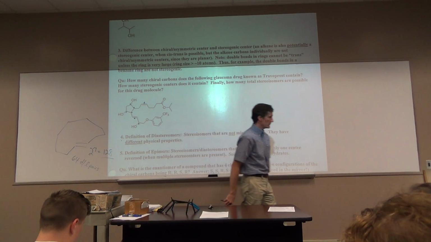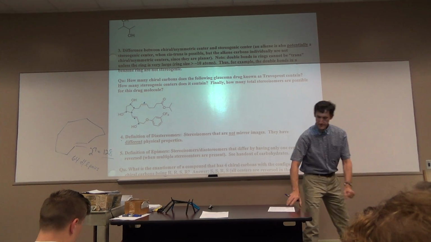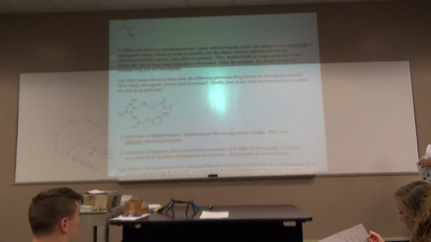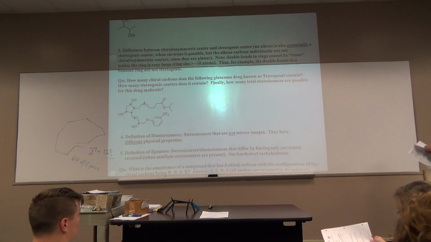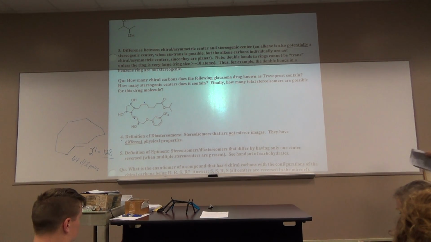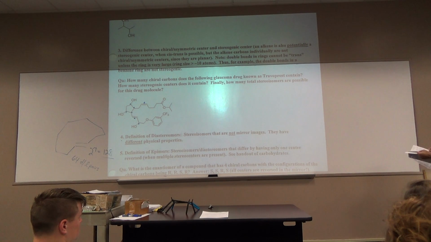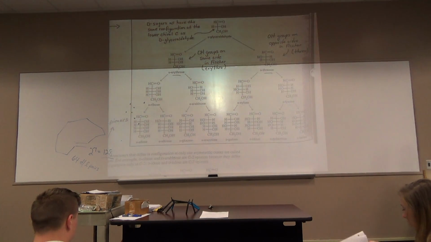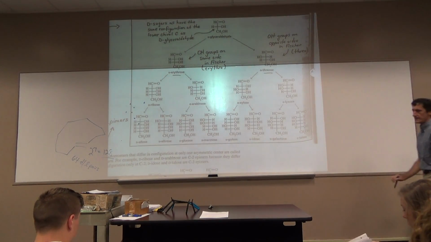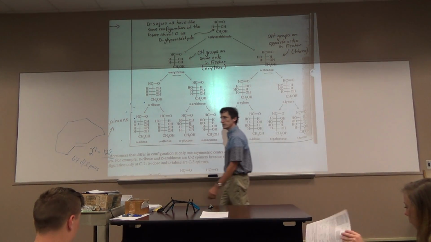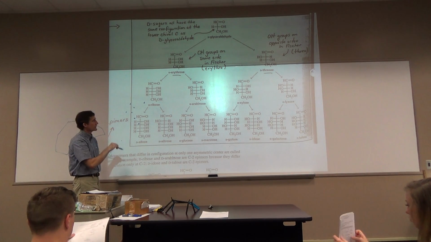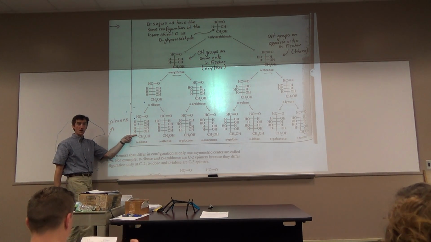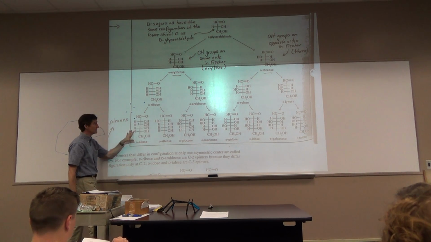Let's look at the handout for carbohydrates. When you get to biochem and you look at your carbohydrates, you will show them in Fischer projections. You'll be expected to know all about the Fischer projections.